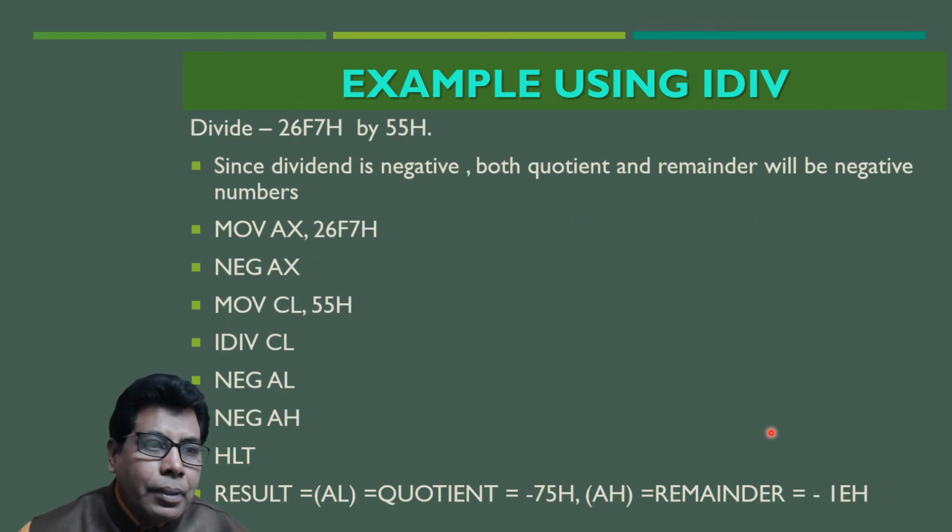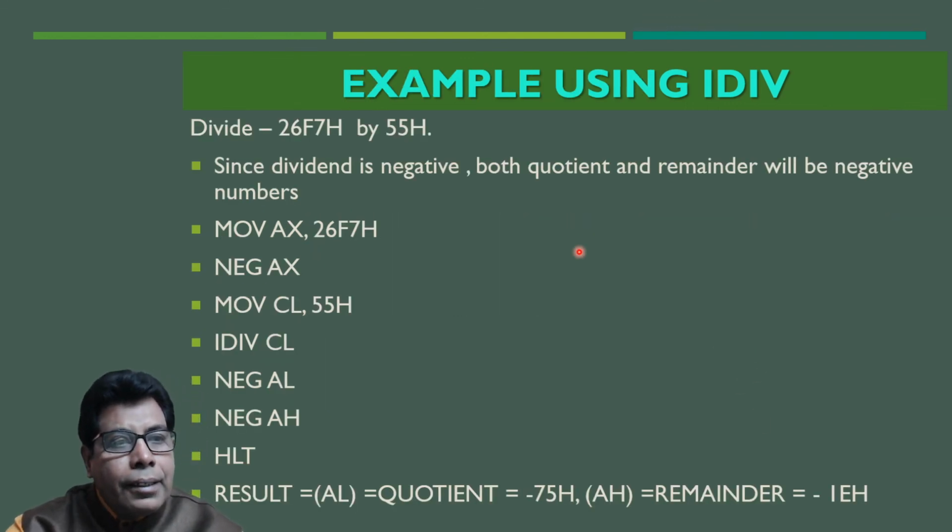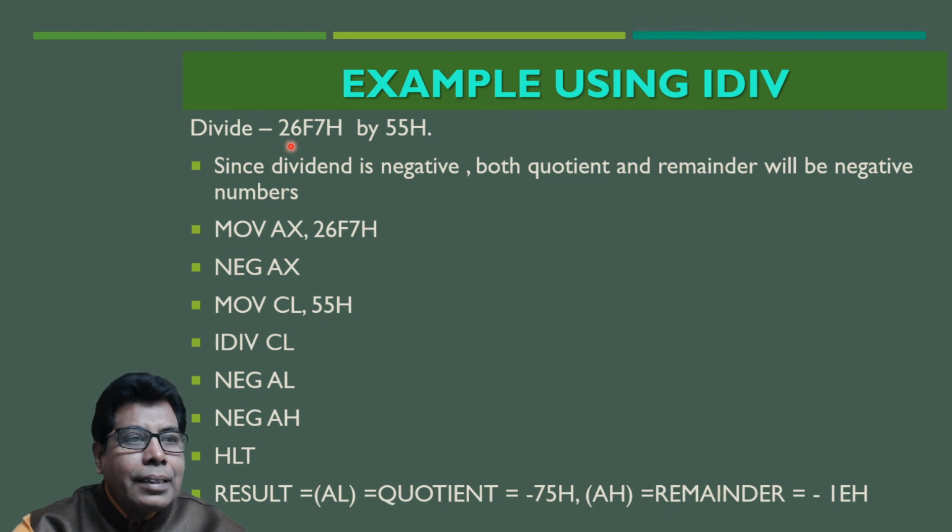Let us take an example. Now here we take minus 26F7 divided by 55. Here the dividend is negative, so both quotient and remainder will be negative. First we load the dividend in the AX register and then we negate it. NEG AX will negate the dividend.